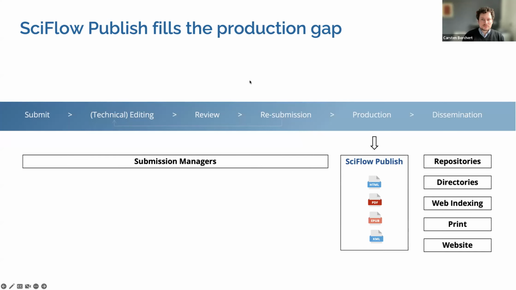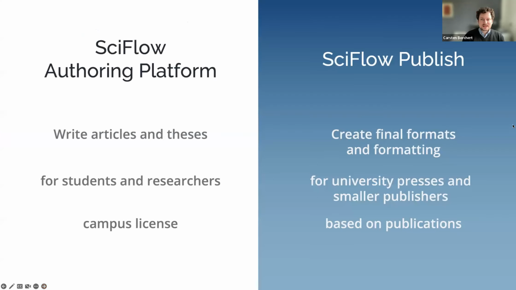Next slide. One more slide for context, because there are some of you here who already know SciFlow. The difference between SciFlow Authoring Platform and SciFlow Publish is that the authoring platform is for students and researchers. SciFlow Publish is for university presses and smaller publishers.